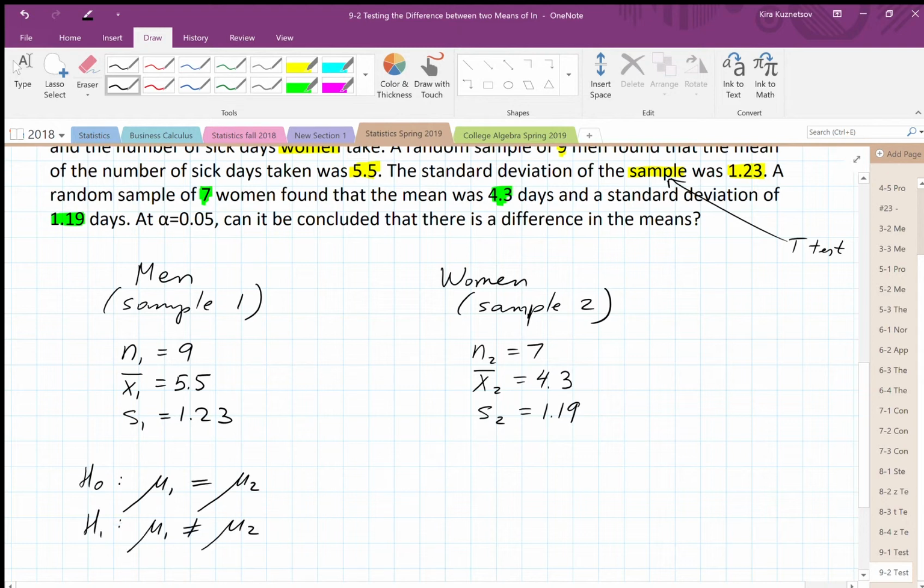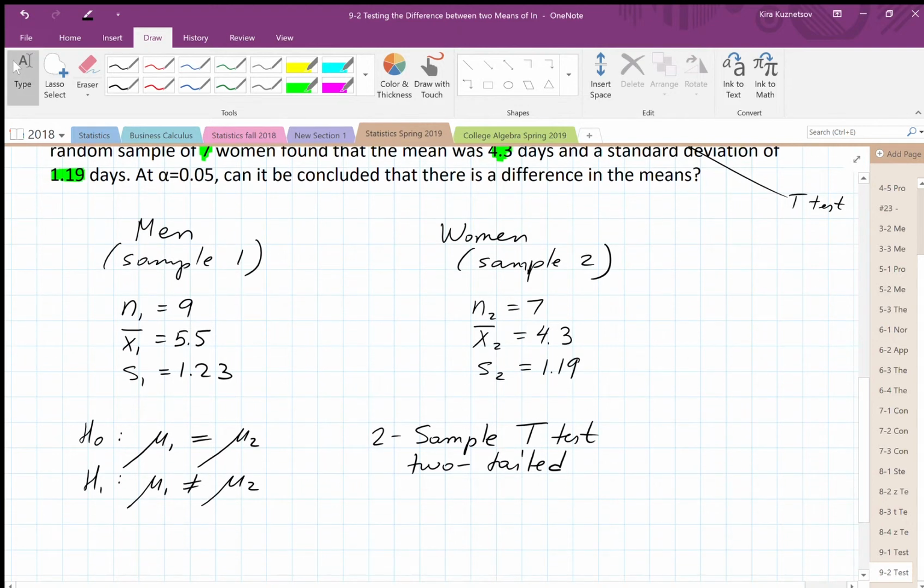That would refer to the word difference. What we're going to be running is a two-sample t-test, two-tailed. The necessary statistics are outlined, and we can go ahead and start the test.